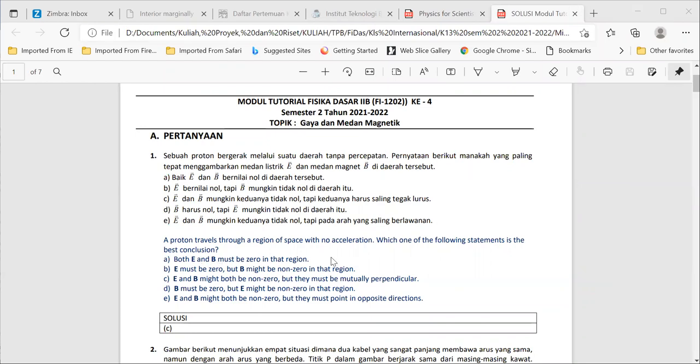E and B must be 0 in that region. That's also true, of course. B is not. C is okay: E and B might both be non-zero, but they must be mutually perpendicular. So the solution is A and C. Is there any question in this case?